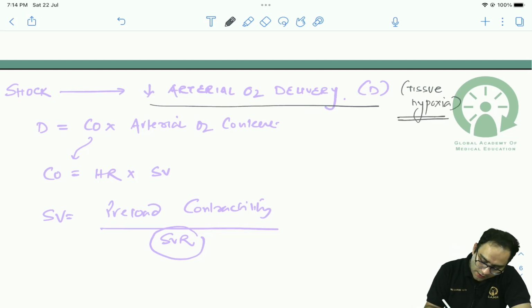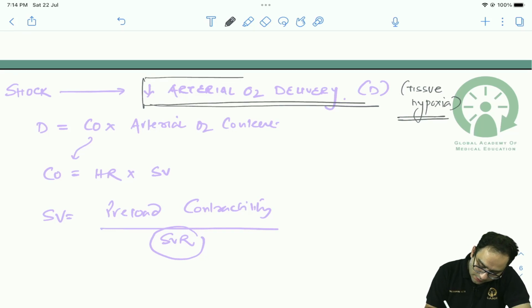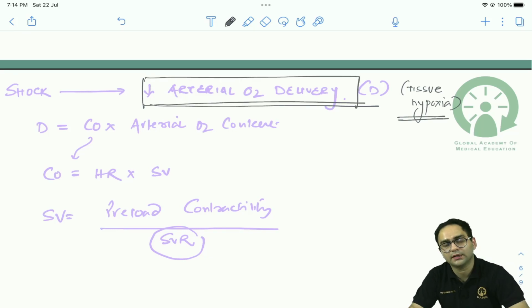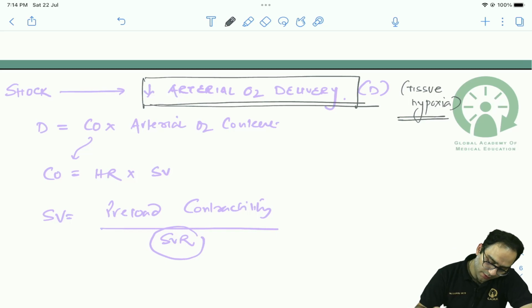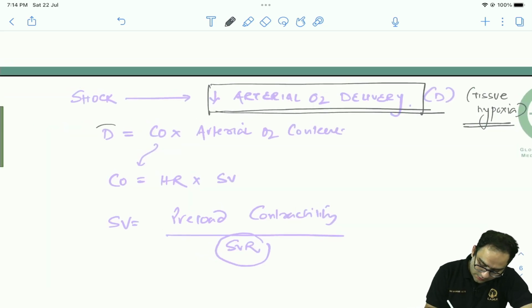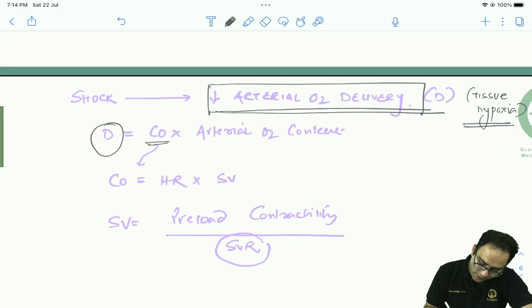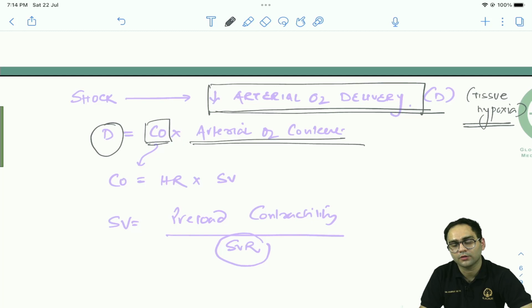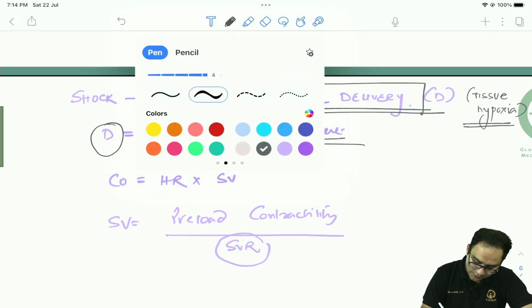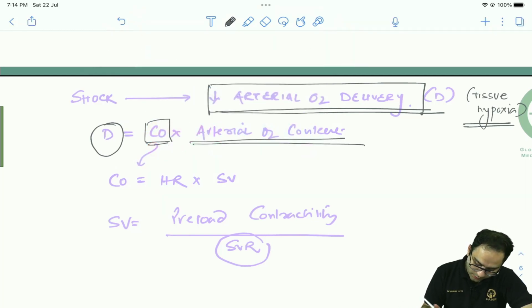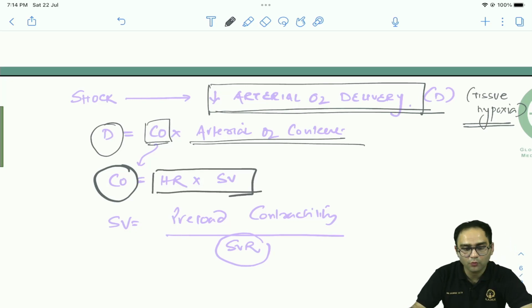So what is actually happening is there is a decline in the arterial oxygen delivery. This arterial oxygen delivery is basically dependent on the cardiac output and on the arterial oxygen content. Okay, but the cardiac output is basically dependent on the heart rate and the stroke volume.